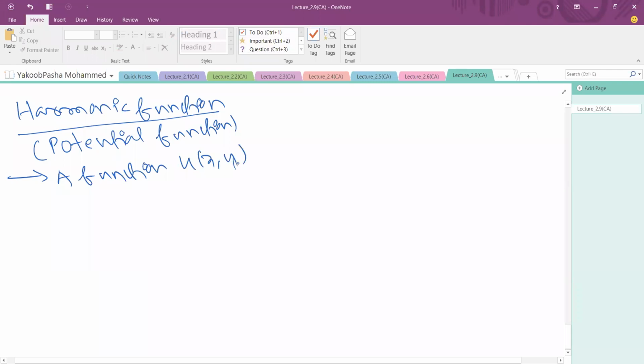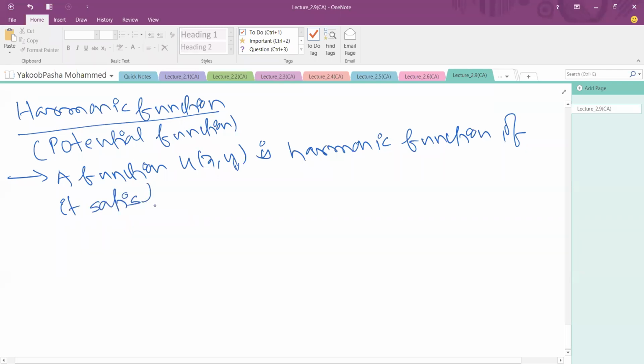It is a harmonic function if it satisfies the Laplace equation.